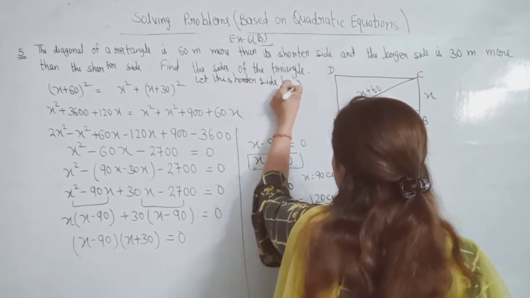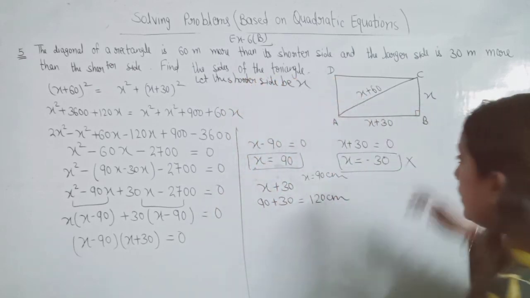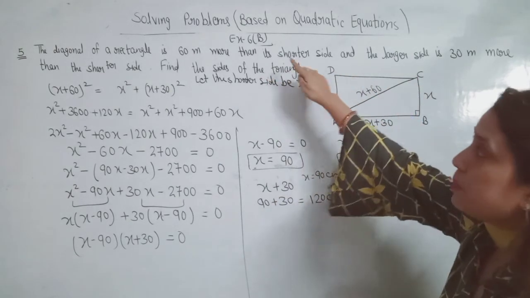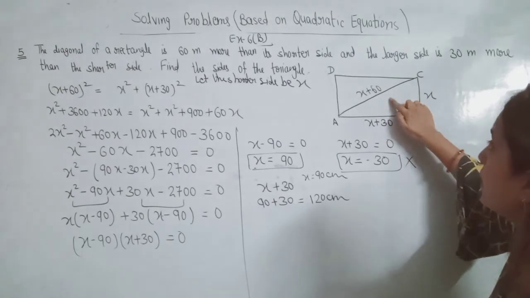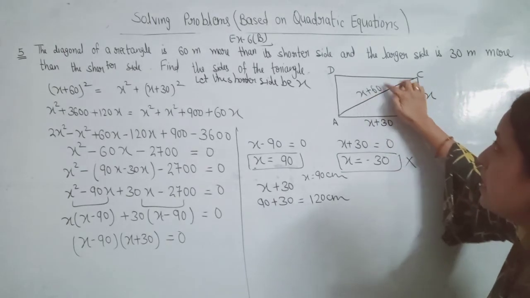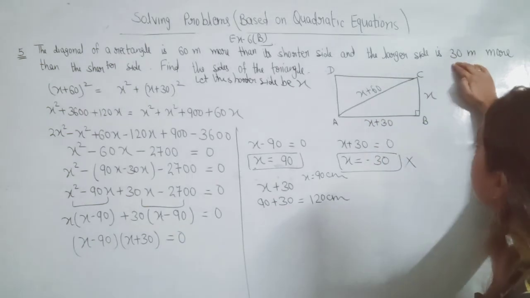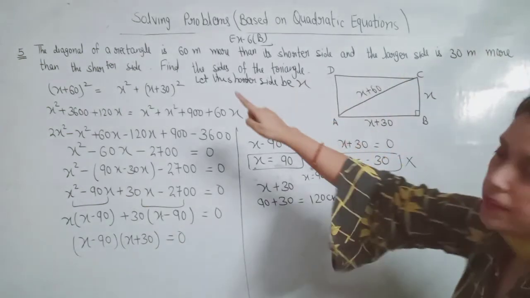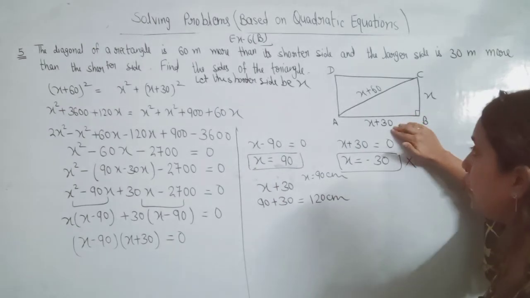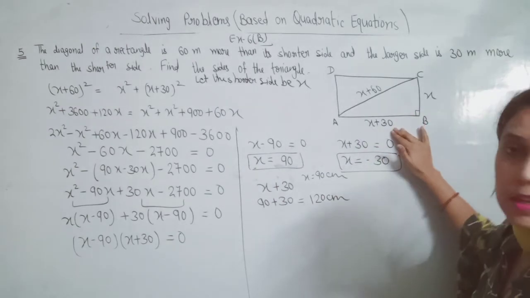Now it is given the diagonal is 60 meter more than its shorter side. If the shorter side is x, then the diagonal will be x plus 60, and the larger side is 30 meter more than the shorter side, so the other side of the rectangle will be x plus 30.